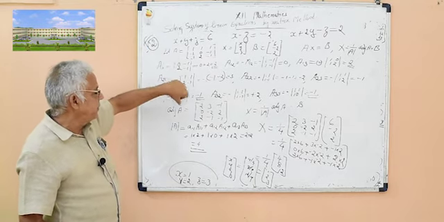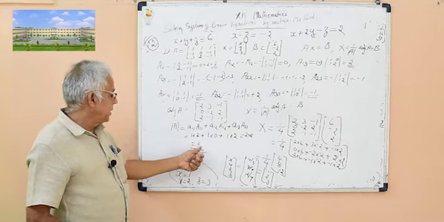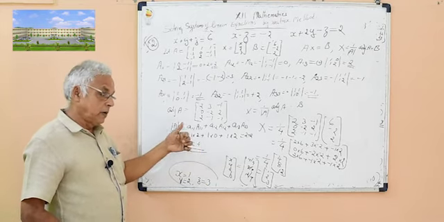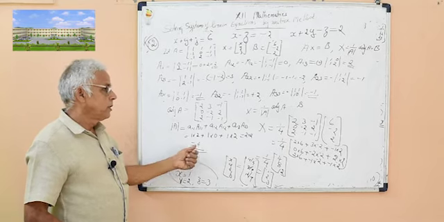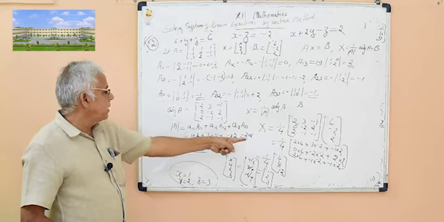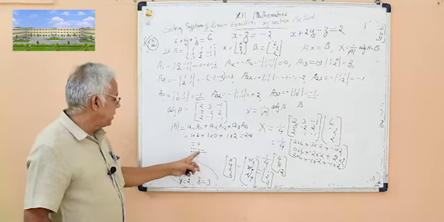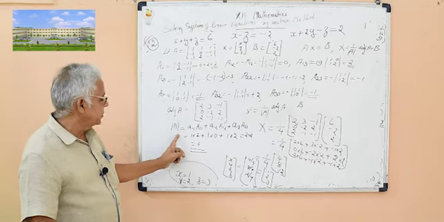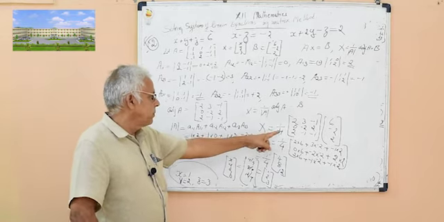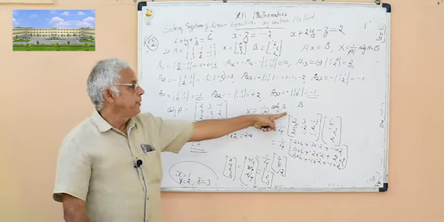Then find the determinant of A. If the determinant of A is not equal to 0, we can find the inverse; 1 by 0 is not defined, so it is possible only if A is non-singular. Then X is equal to the formula 1 by determinant of A into adj A into B.